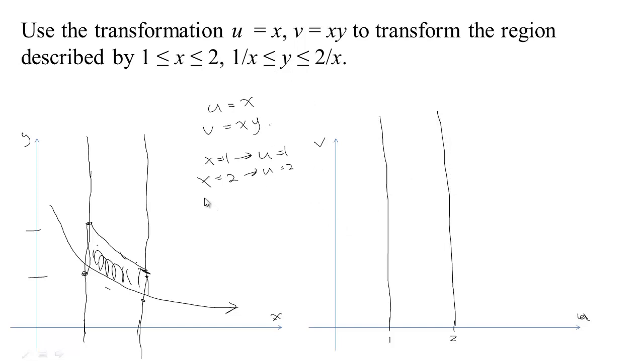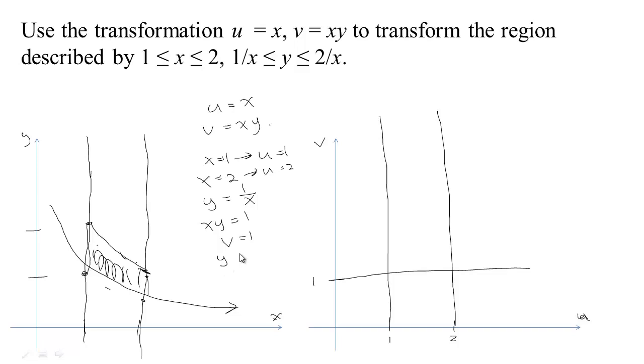Now let's see, when y is 1 over x, notice that x times y will be 1. That tells me that v equals 1. So this line, y equals 1 over x, became this line, v equals 1.